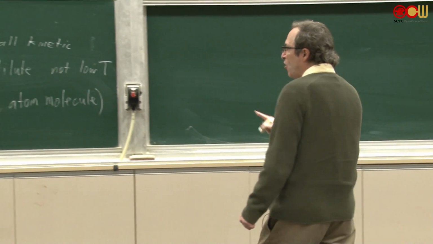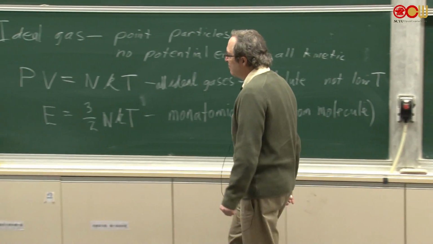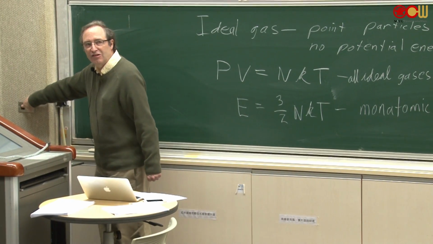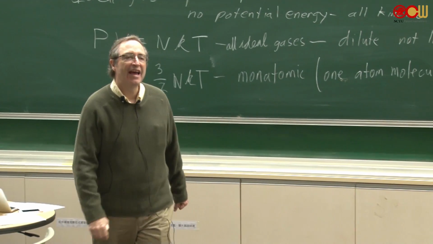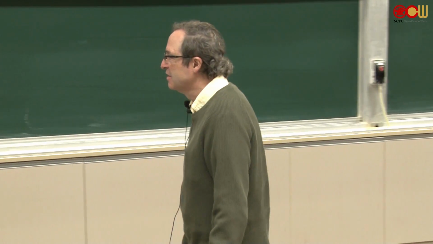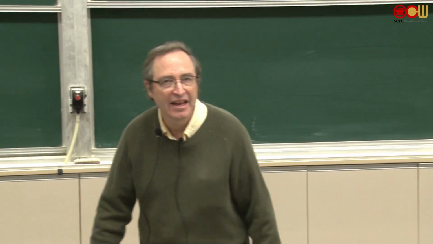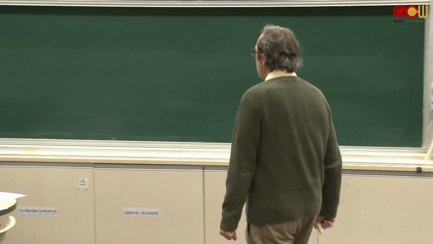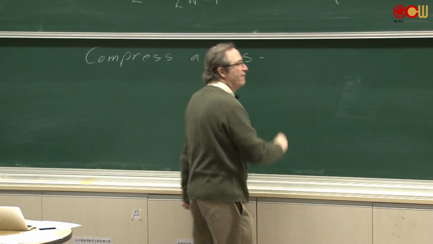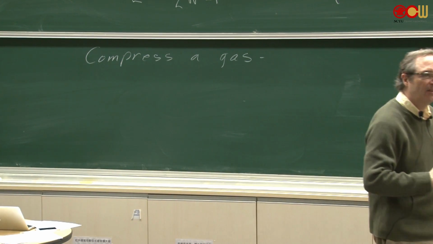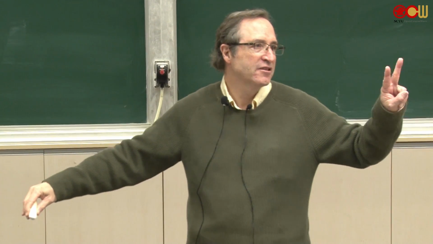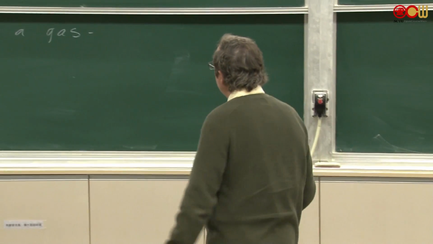All right, but before we get on to a better appreciation of the ideal gas, I want to talk about when the ideal gas does not work and what happens for a non-ideal gas. So if we compress a gas, eventually the ideal gas law breaks down, doesn't work. There are two things missing from there.